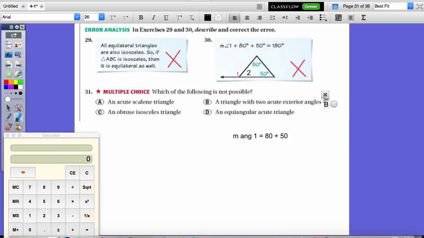So it's B. And an equiangular acute triangle, all equiangular triangles are also equilateral, but if they're equiangular, each of the angles equals 60 degrees, so they are acute. The one you cannot have is B, a triangle with 2 acute exterior angles, because once again, that would mean that 2 of the interior angles are obtuse.